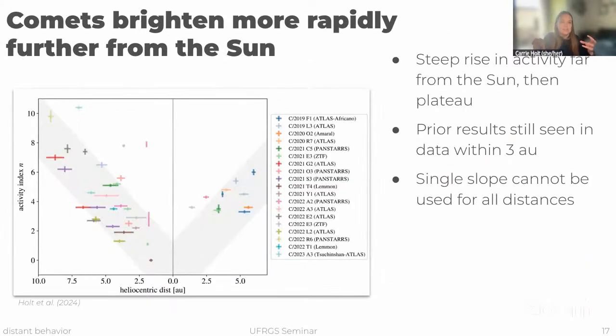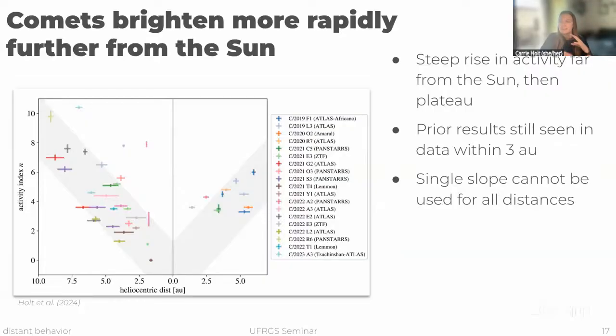When we put all of these together, you can see here I've plotted the activity indices, so the slope against heliocentric distance. The span of heliocentric distance is marked by the error bar there, and if there are multiple for a comet, it'll just be the same color multiple times. What we found is that among the whole sample, comets brighten more rapidly further from the sun, so they have a higher activity index, a steeper slope, and then it plateaus as the comet approaches the sun.